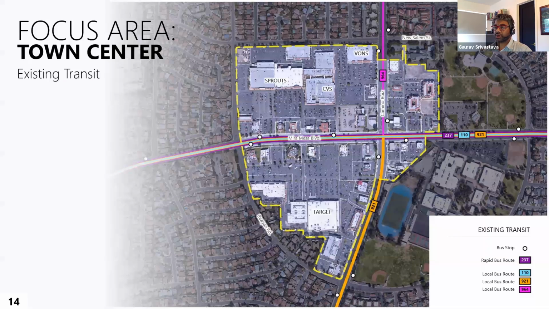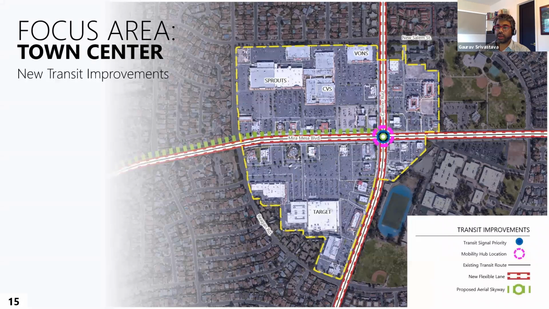It's served currently by 1 bus rapid transit line and 3 local lines. And in a previous meeting, we shared some mobility concepts to show how improved transit connections might serve this particular location. I'll just call out a couple. The idea of flexible lanes along Mira Mesa Boulevard and Camino Ruiz.